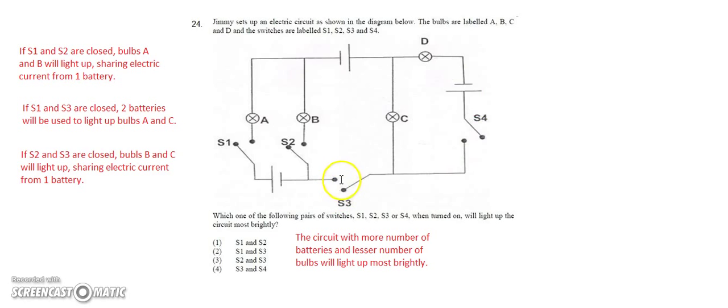Okay, so if you close switch 3 and 4, actually the bulbs C and D will light up, but they will be sharing electricity from this battery here. So again, the word sharing, which is not what we want if we are looking for the most brightly lit up bulb.